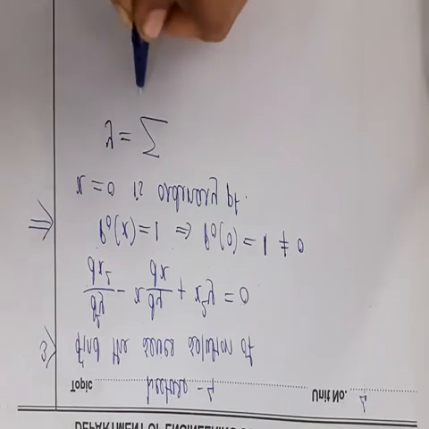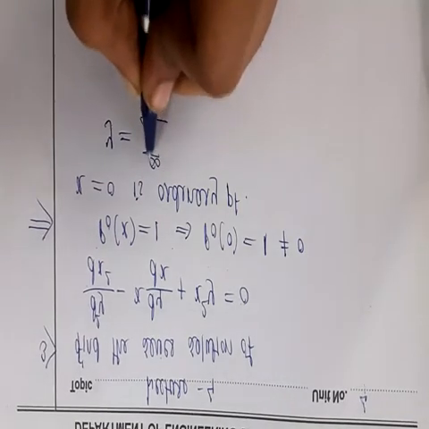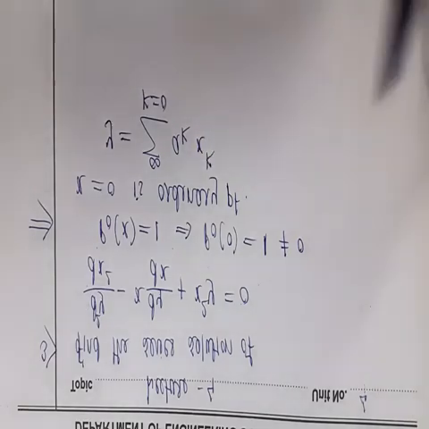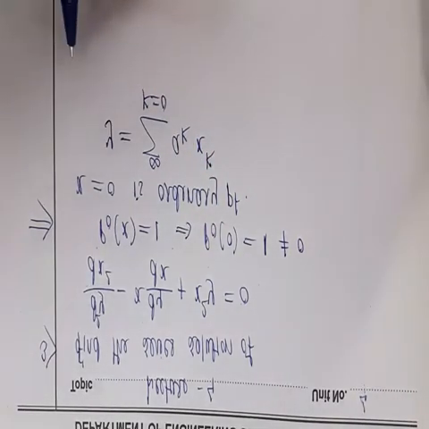Now to find the solution of this by using power series method, consider the solution as y is equal to summation k is equal to 0 to infinity ak x to the power k. Now we want dy by dx as well as d2y by dx square.